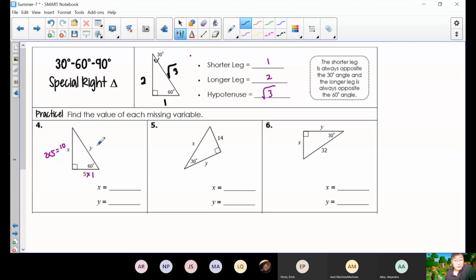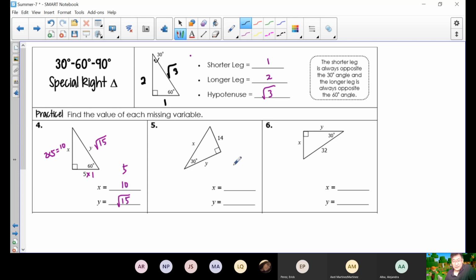This one should be triple, which is 15 with root 3. So x is 10, and this is 15 with the square root. Start with the 5. Double. Triple your root, right?